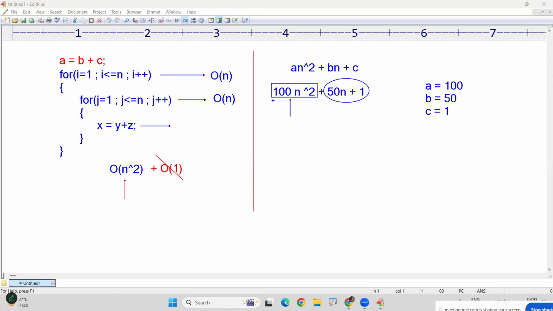So simply to say, 100 into n square only we consider as the time complexity. So it is based on the number of iterations, or nothing but how many times that statement is getting executed.